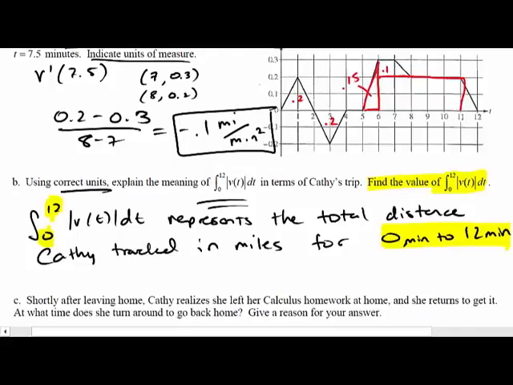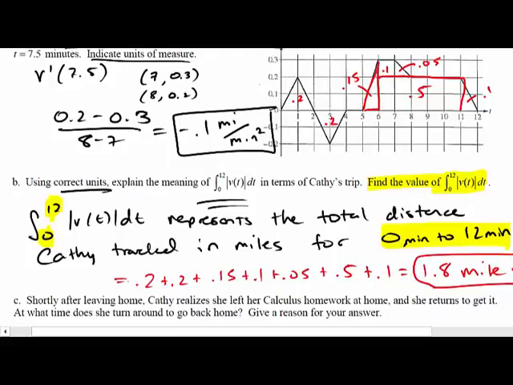This is 5 times 0.2 divided by 2, so that's 0.5. Here I have a small triangle, 1 times 0.1 divided by 2, so 0.05. And this will be 1 times 0.2 divided by 2, which is 0.1. If I add all those pieces up together, 0.2 plus 0.2 plus 0.15 plus 0.1 plus 0.05 plus 0.5 plus 0.1, that gives me 1.8 miles. And I should be stating that this is the value of this integral that I'm looking for.